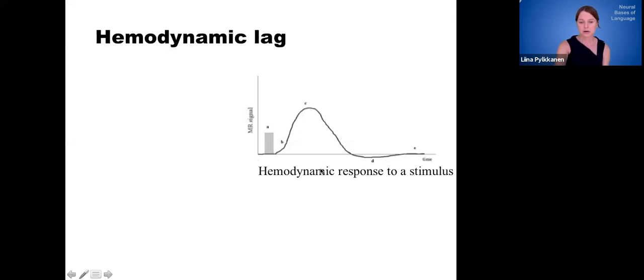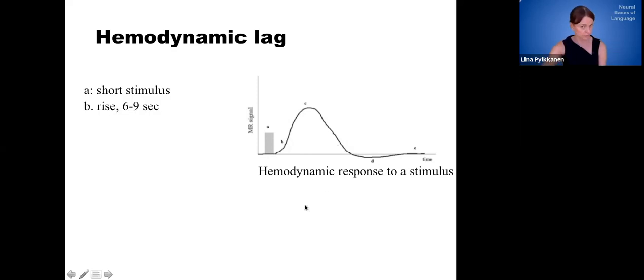Here's a visualization where we're imagining that A is a little stimulus. You could imagine that it's somebody saying "cat," or a 100 millisecond tone or something like that, but it's some kind of brief stimulus. The subsequent line shows how, say, the BOLD signal would develop over time.